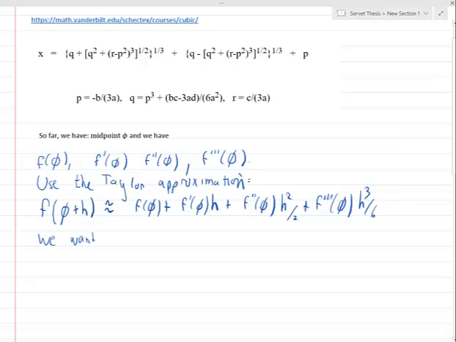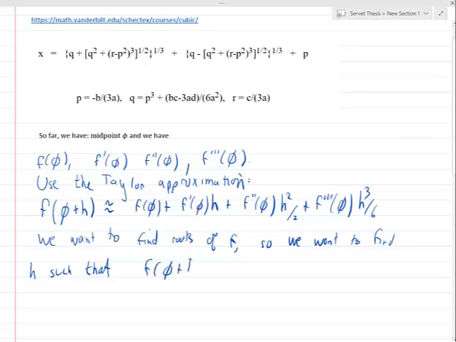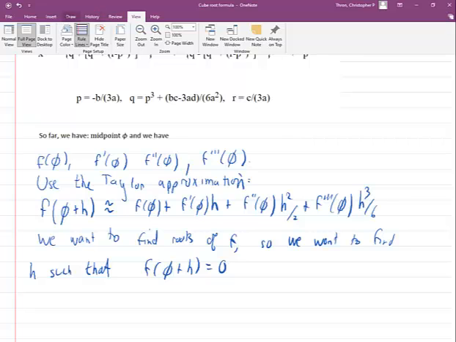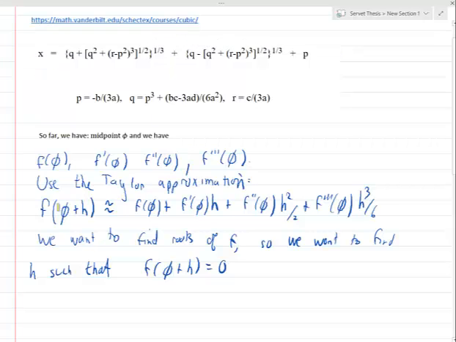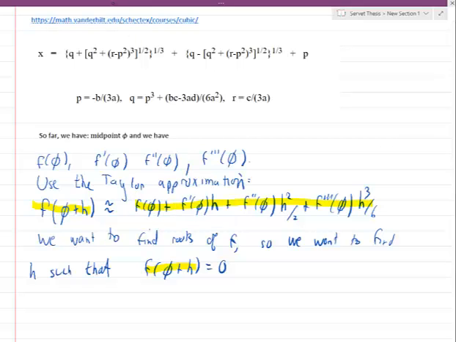So we want to find h such that f of phi plus h is equal to 0. Right? Now, here's your f of phi plus h. So this is a cubic equation in h.